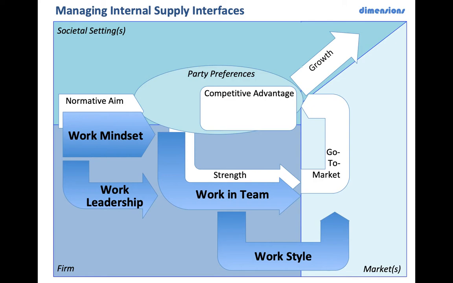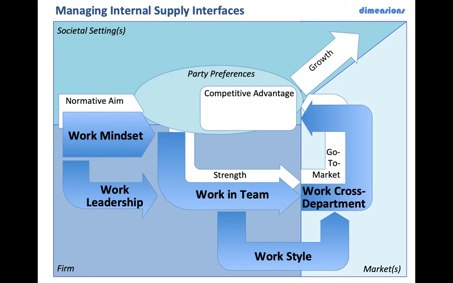Work style is, so to say, the lifestyle in the work culture, which turns functional work into something with a kind of raw, unfinished value for the customer. Work style prepares the way for work cross-department, how different departments and business partners collaborate to generate unified market offers for customers, thereby realizing the go-to-market model.